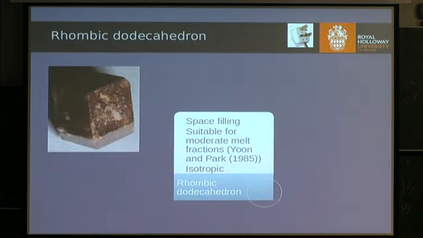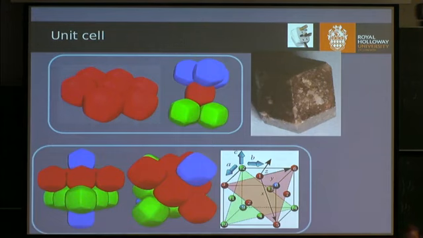Okay. So for the first case, I wanted to show some results for our semi-analytical model. For this one, we decided to take a space-filling system. So we needed to choose what shape of crystal to take.